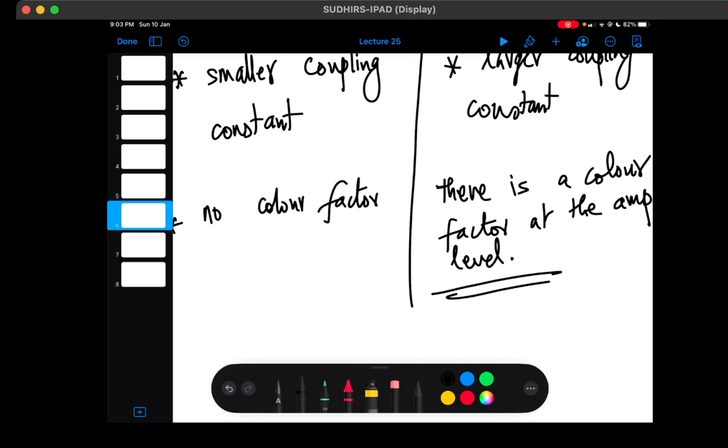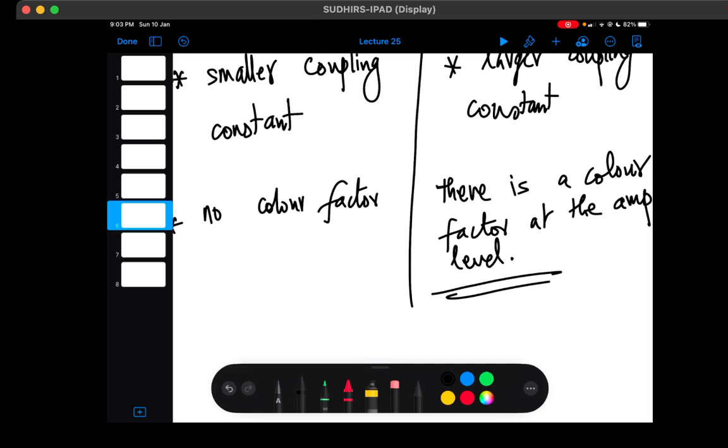Okay, and just a final point, experimental verification of color. This is actually how color was verified, one of the first things through which you can verify color.